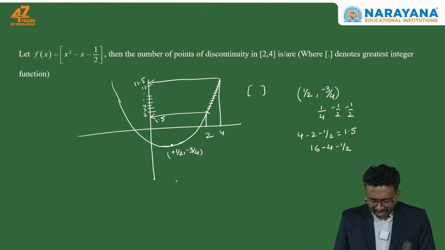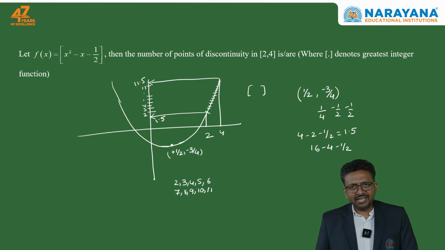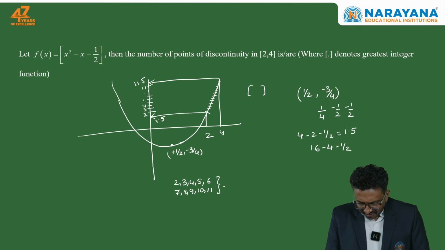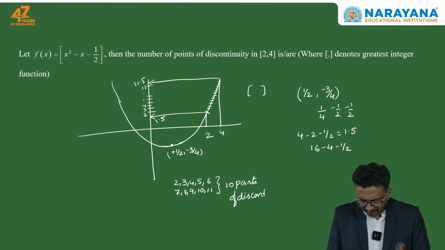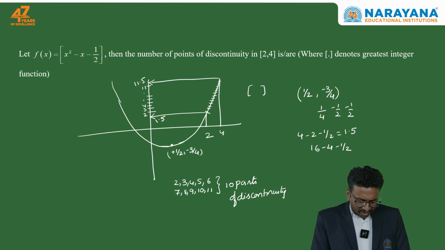How many integers are crossed? 2, 3, 4, 5, 6, 7, 8, 9, 10, 11. So this graph crosses 10 integer values on y. So there will be 10 points of discontinuity. So that's the solution of this question. Let's move on.